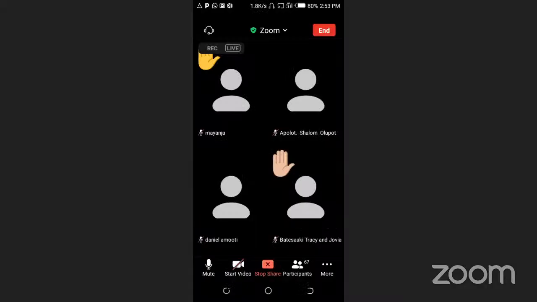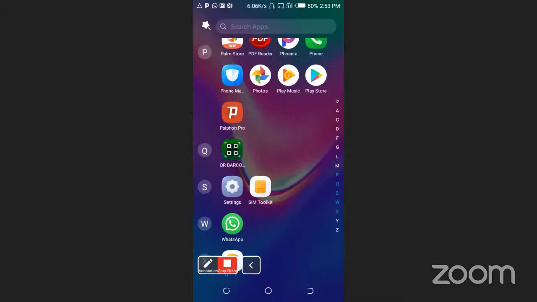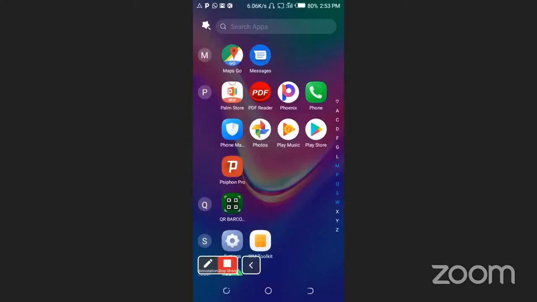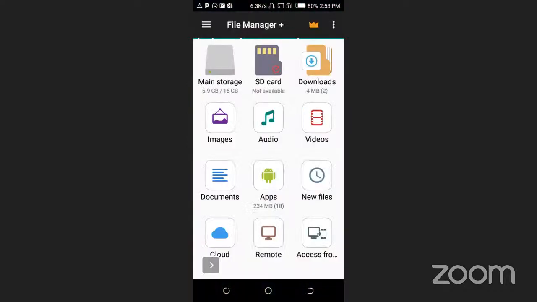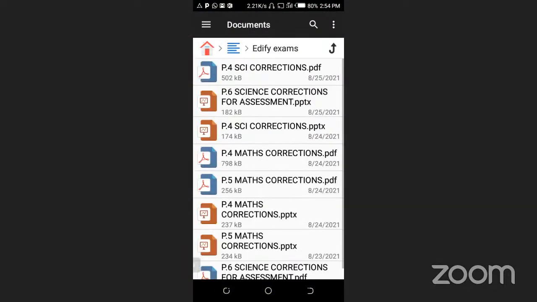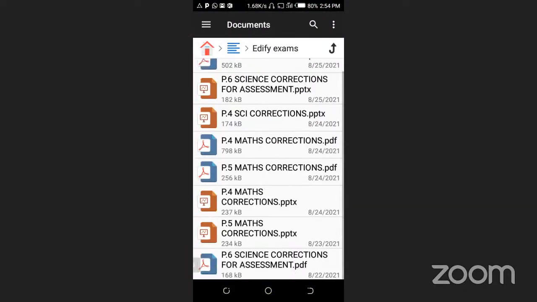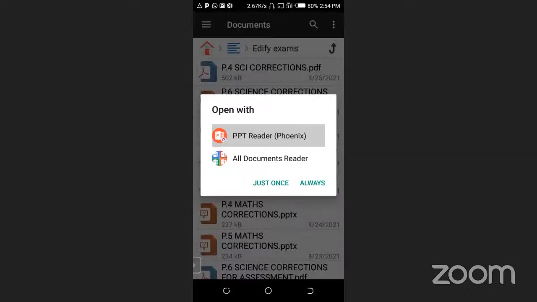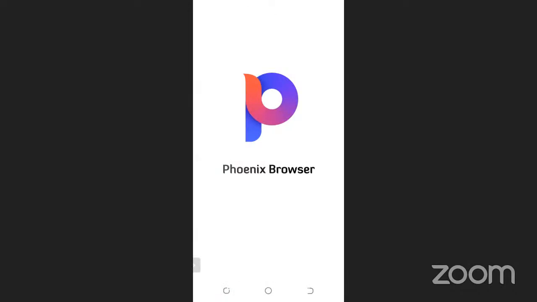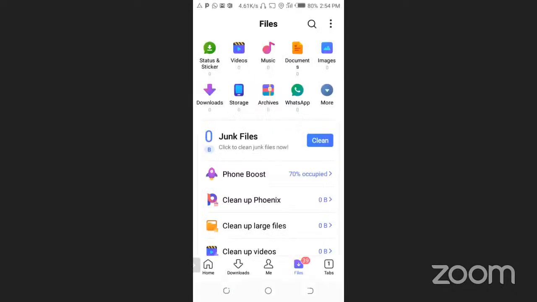Let's go back and see part B of the question. Okay, members, I hope you are able to see my screen. Let me pick science P4 and open it so that we can see part B of that.